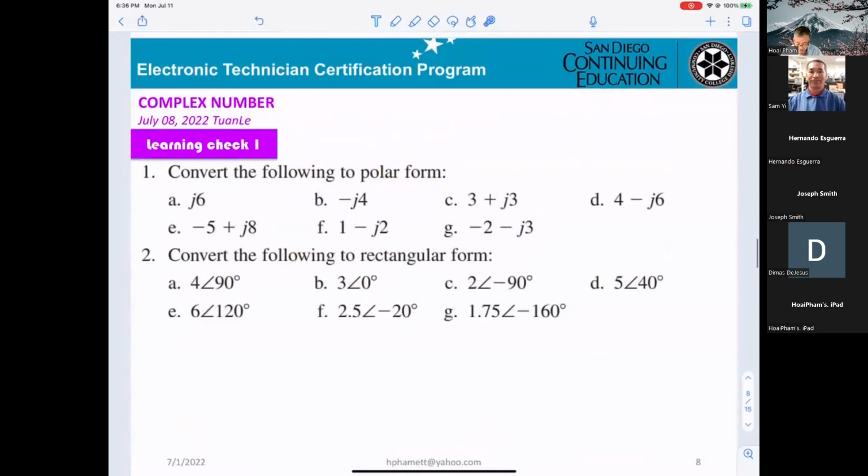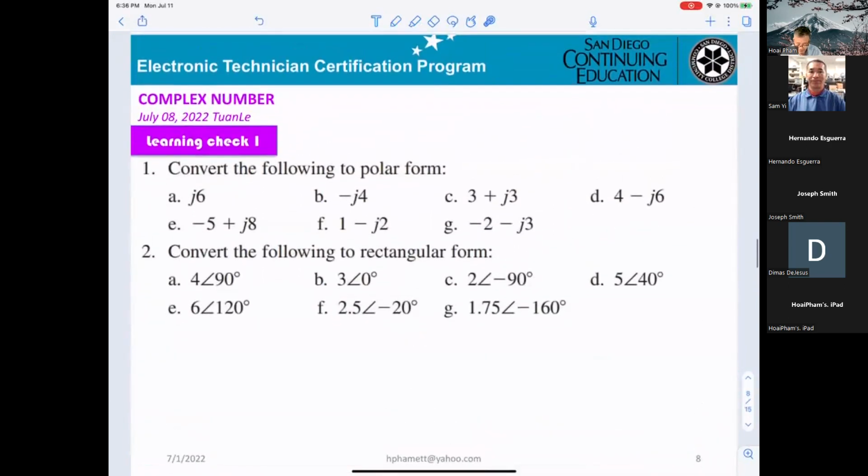I don't have any answer. We need to do it. This will be used all the time if you want to use complex numbers for solving RLC circuits.